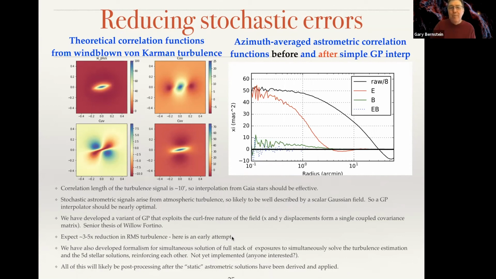So we end up with several correlation functions, unlike just the one correlation matrix that a normal GP has. Or another way of saying it is that we correlate the X and Y deviations. We solve for those simultaneously in one GP. So this is a post-processing step that I suspect we'll end up wanting to do for every exposure.